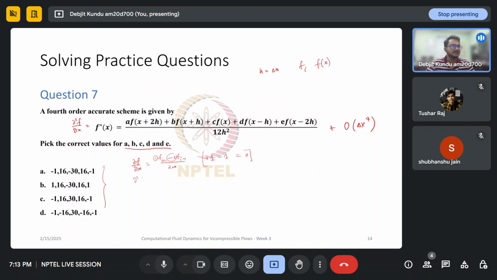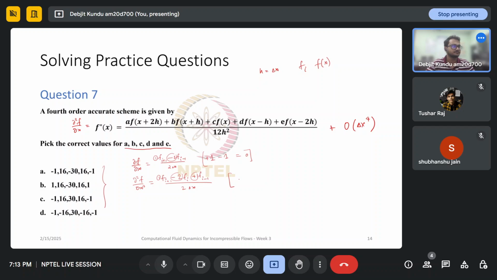Then let's say the second derivative using 3 points central difference. The form is like this: f_{i+1} − 2f_i + f_{i−1} divided by Δx squared. So here also look at the coefficients. We have 1, we have minus 2, and we have plus 1.